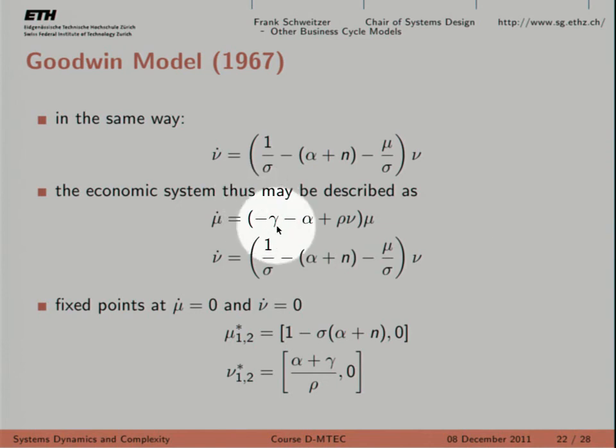So when this is 0 only when v is equal to alpha plus gamma divided by rho, this one. In the same way, this is 0 only when mu is equal to this. So this is another fixed point. And now we can calculate the Jacobian of our system, introduced in lecture 10.